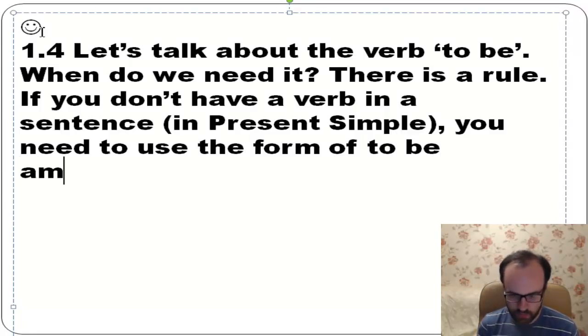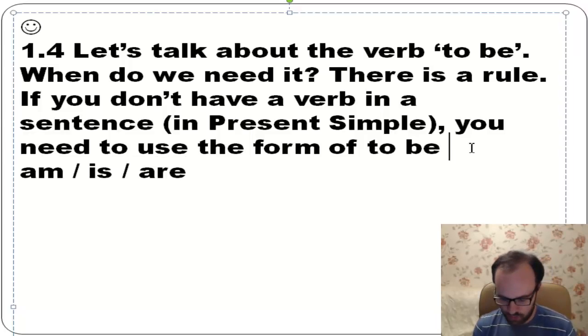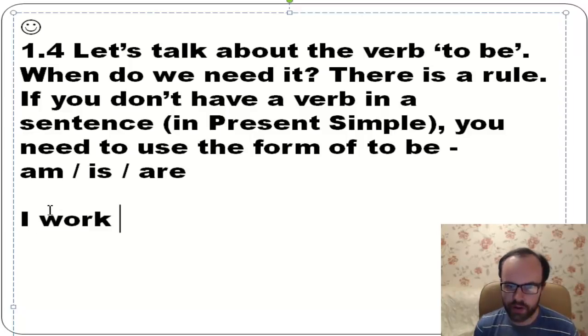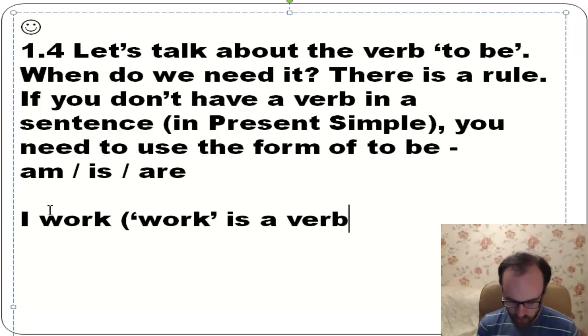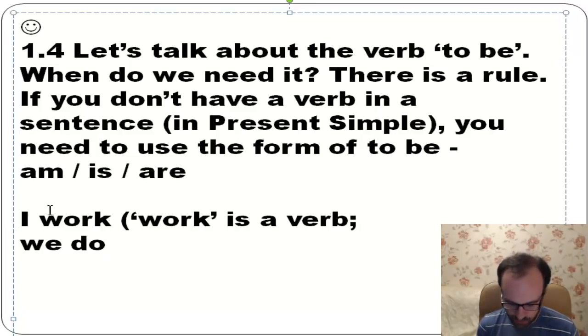So am, is, or are. Look, for example, I work. Work is a verb. We don't need to be.